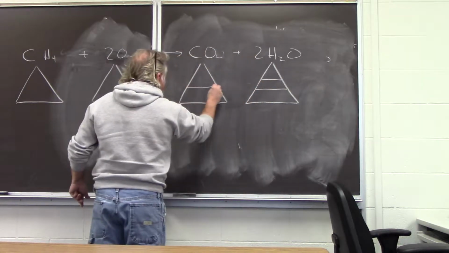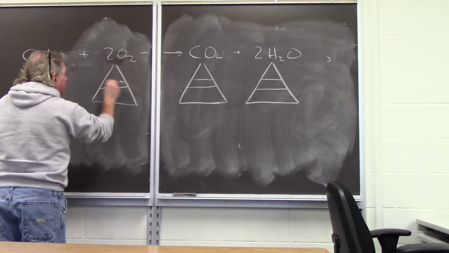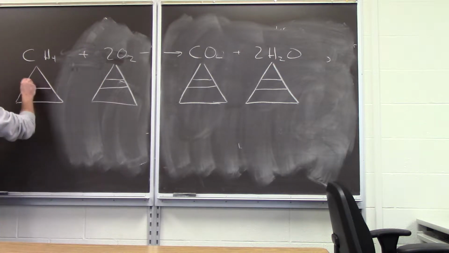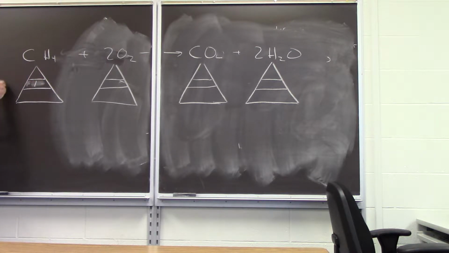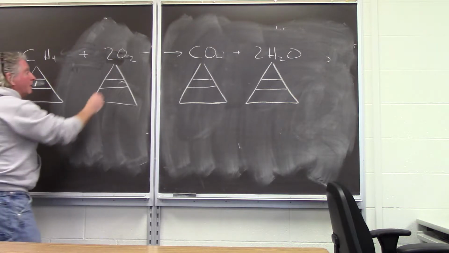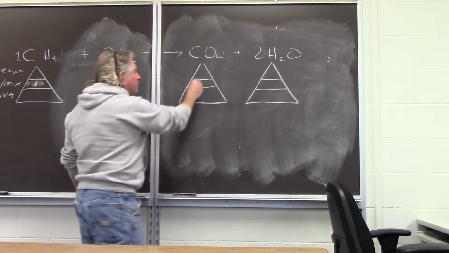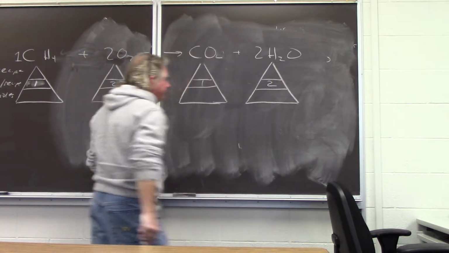Each substance gets its own grouping triangle based on its moles per recipe. So this is 1 mole per recipe. The middle column is moles per recipe, how many moles you need, then recipes, and then moles. The number that you use here is the coefficient. You need 2 moles per recipe, you need 1, and you need 2.